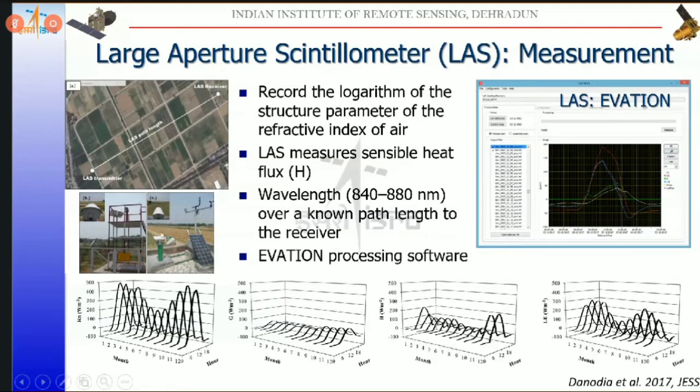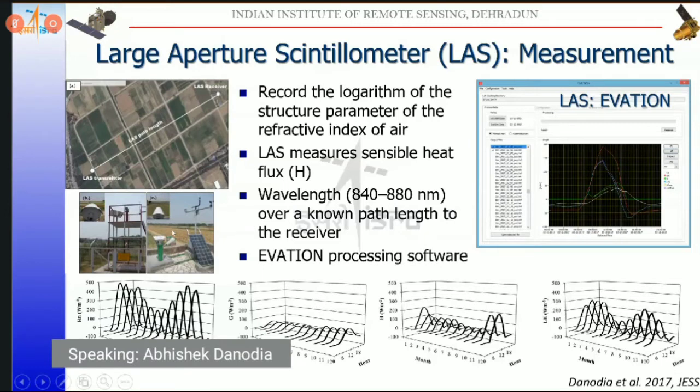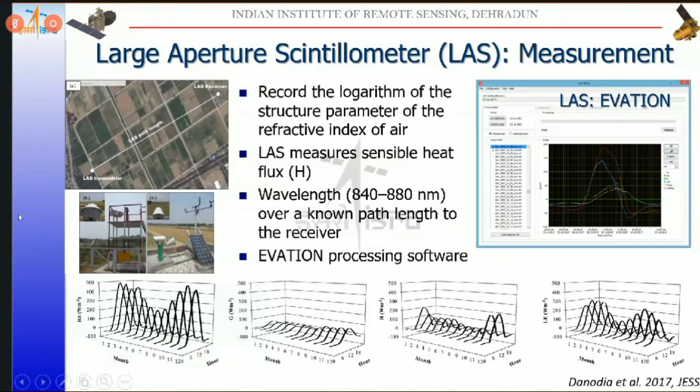This is the transmitter and this is the receiver end. After receiving the data at 10 Hz frequency, we convert the data sets to a 5-minute interval. Using those data sets, we can further process them in the evaluation software.